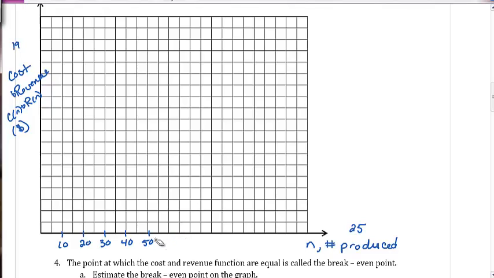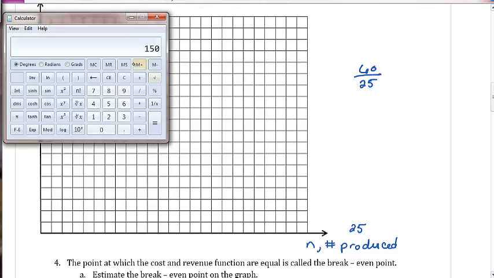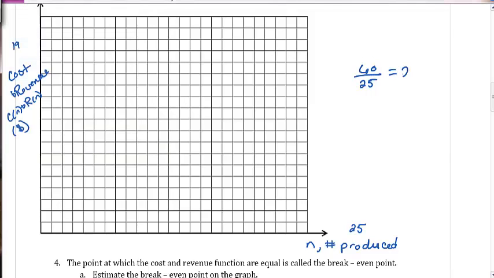Okay, well, let's just do this. So we want to go from 0 to 60. If we take 60 and divide it by 25, what do we get? I just want to have it spread out a little bit better. That gives me 2.4. So we'll go up to every third panel.